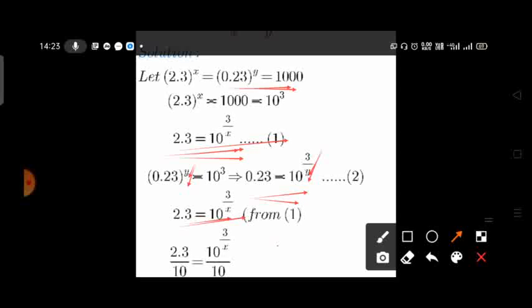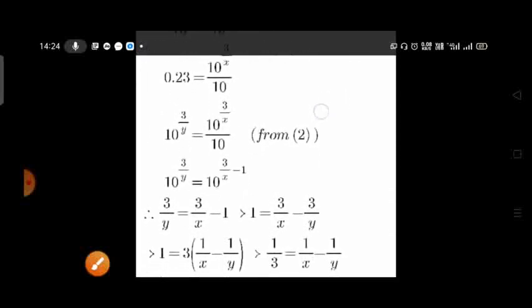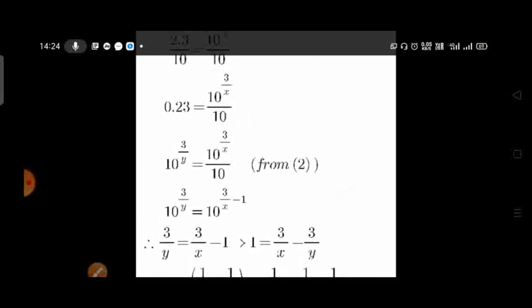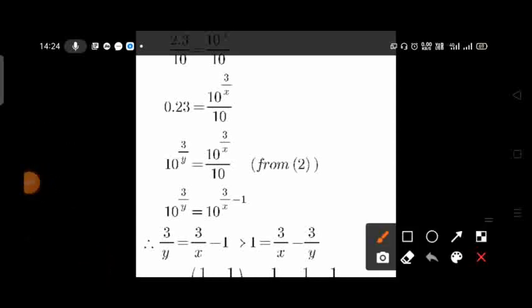So 2.3 by 10 is equal to 10 power 3 by x by 10. And then here 0.23 is equal to 10 power 3 by x by 10.